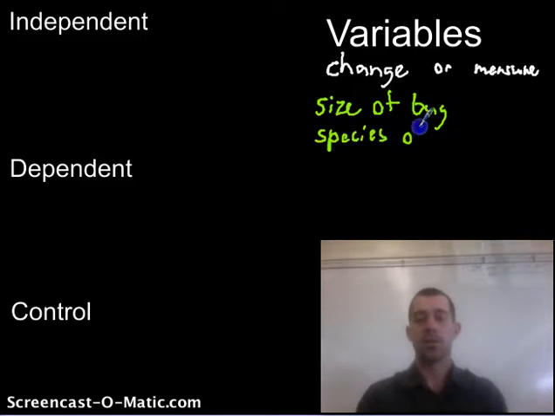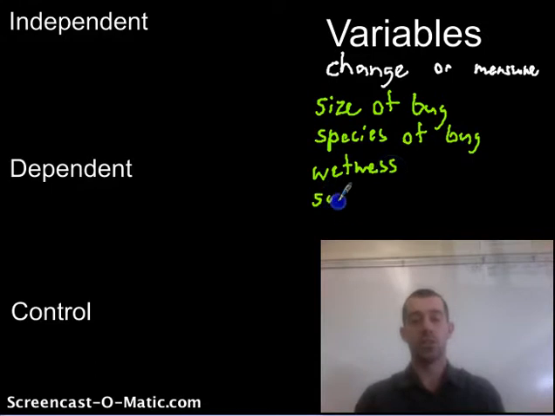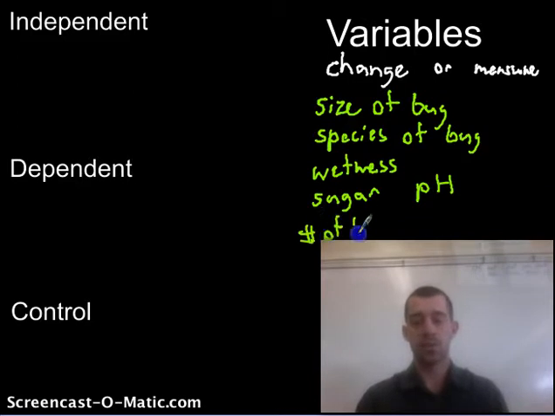We might realize that we can change the environments of the chamber, so we can change like the wetness of the chamber. We might find that we can change the sugar amount or the pH amount in each chamber. We also might find that we can measure the number of bugs on each side, or the number of bugs per side.